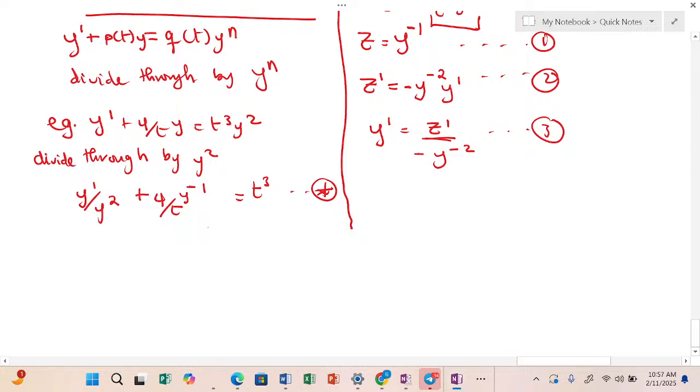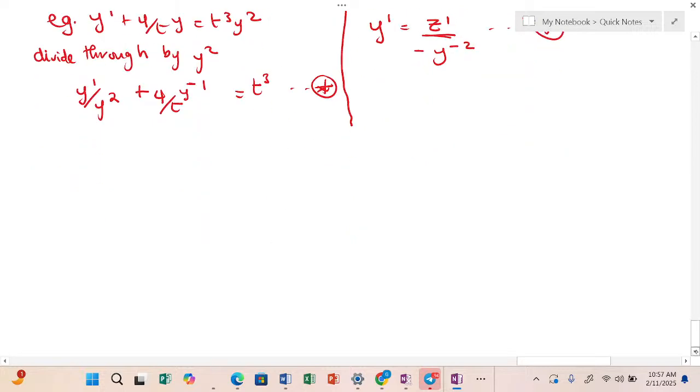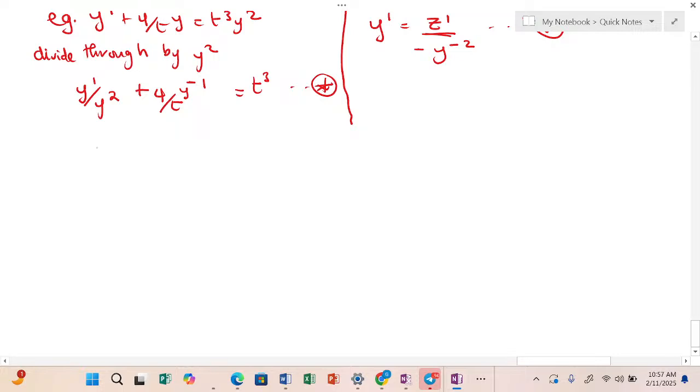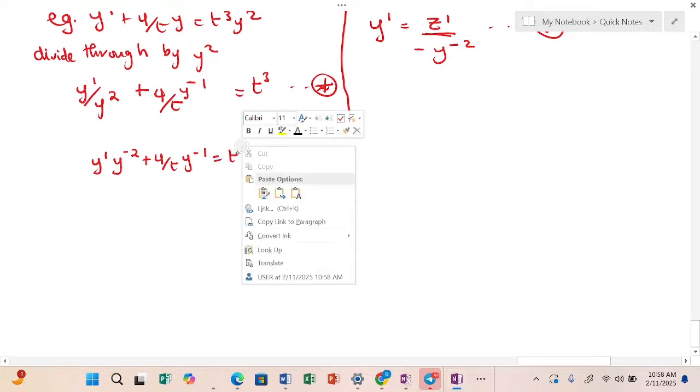So now let's take our differential equation once again. We now have y prime multiplying y to the power negative 2 plus 4 on t y to the power negative 1 is equal to t cube.